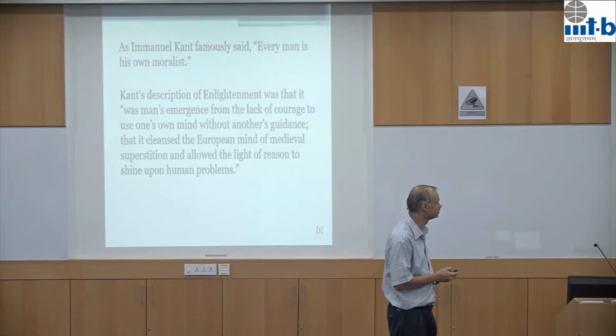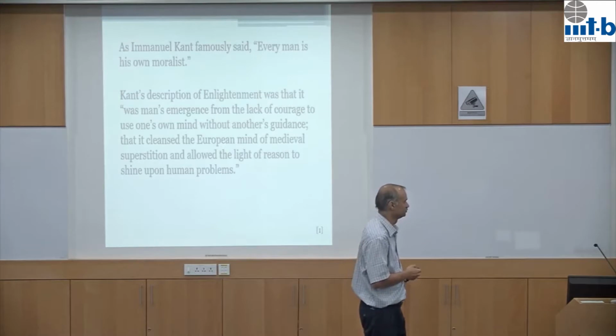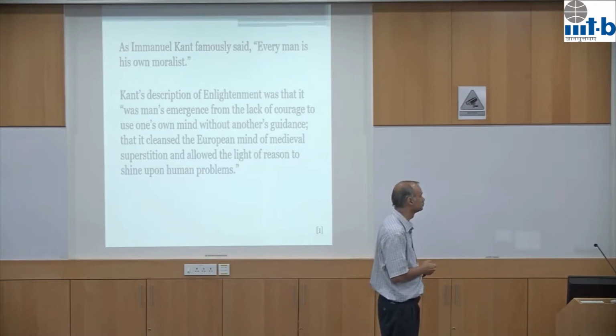Kant's description of enlightenment was that case when man emerges from the lack of courage to use one's own mind without another's guidance. That it cleansed the European mind of medieval superstition and allowed the light of reason to shine upon human problems.